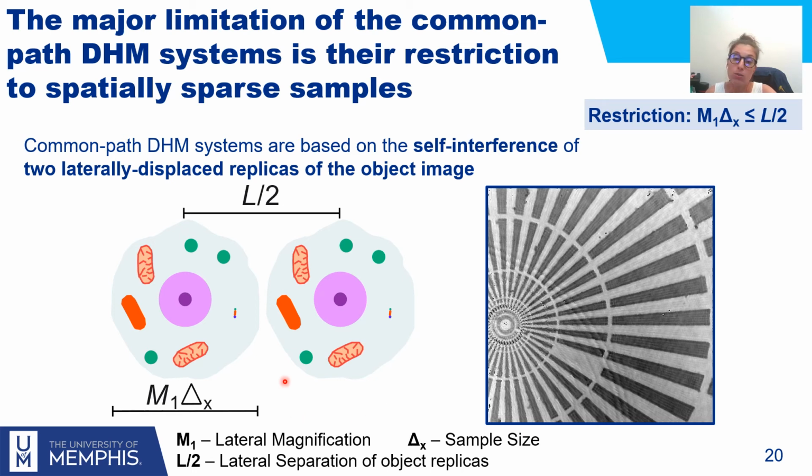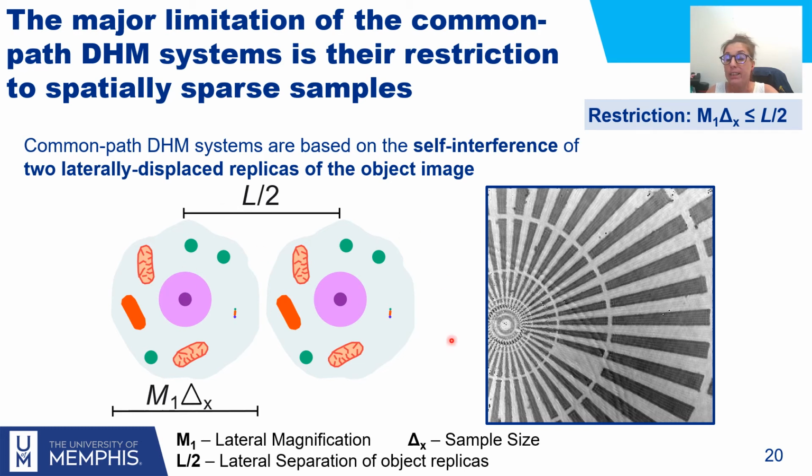For the case of the Fresnel biprism, and assuming that we want to have the highest field of view of the interference fringes, the separation between the two replicas depends on the lateral size of the Fresnel biprism, being half of it. So in our case, let's say that your Fresnel biprism is 20 millimeters. So the separation is going to be 10 millimeters.